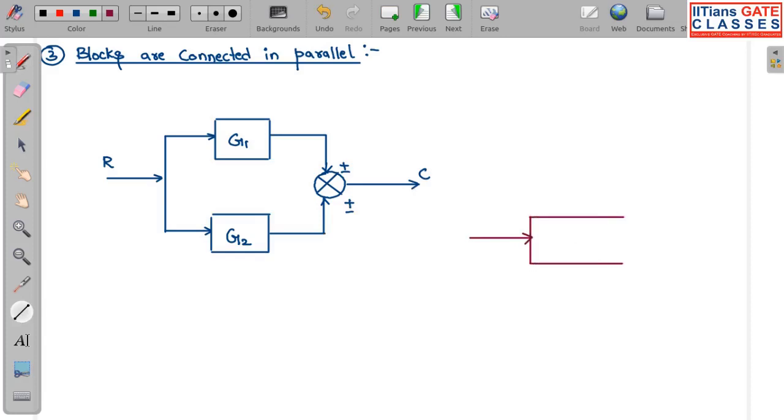Whenever blocks are connected in parallel, you need to add them respectively according to their signs. Okay, so this will be plus minus (G1 plus G2). I have taken plus minus common over here. So this will be R, this will be C. Suppose over here, if this is minus and this is plus, then what you can do?